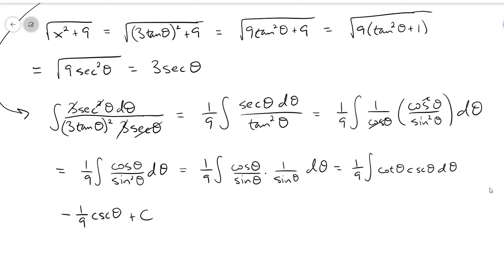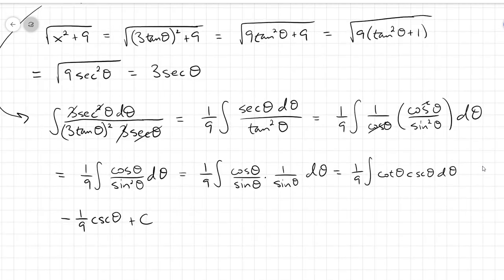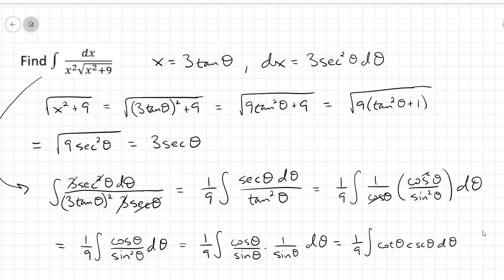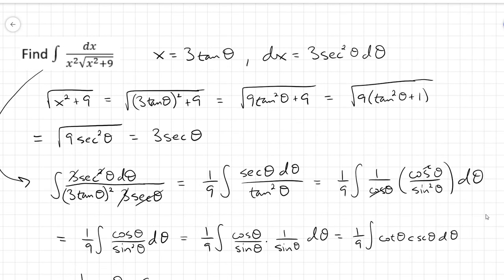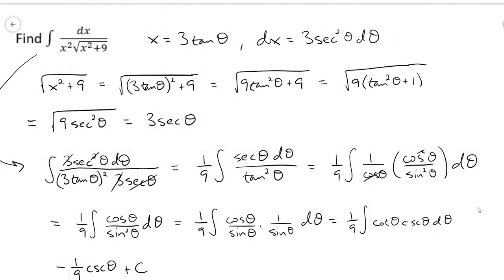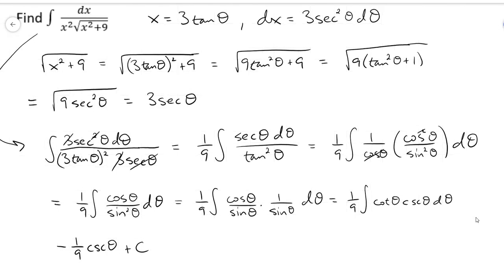Then we have to change this back into x, in terms of x. So we'll come back up and look at our original substitution. x was equal to 3 tan theta. So we can draw a triangle. If x is equal to 3 tan theta, that tells us that tan theta is equal to x over 3.